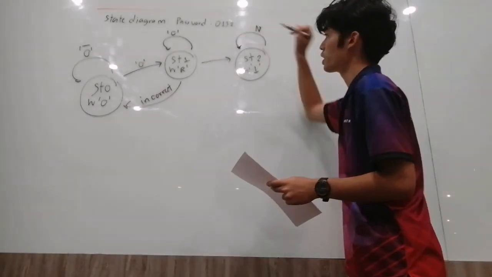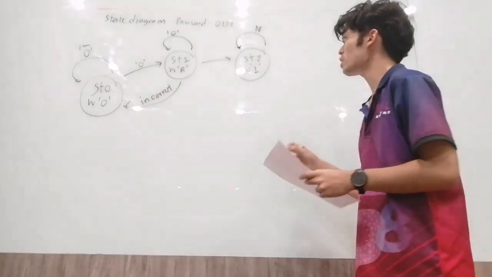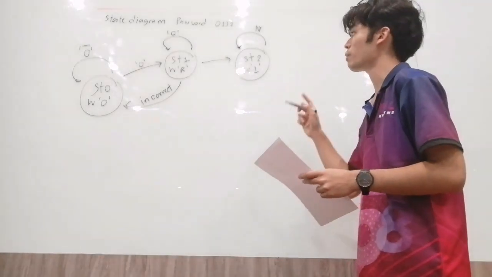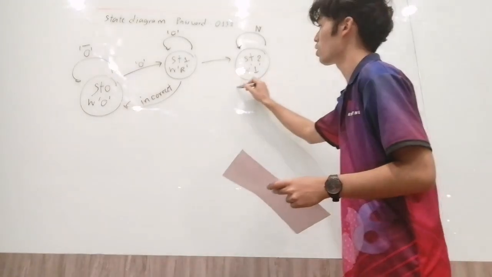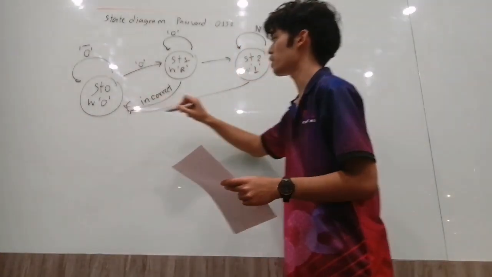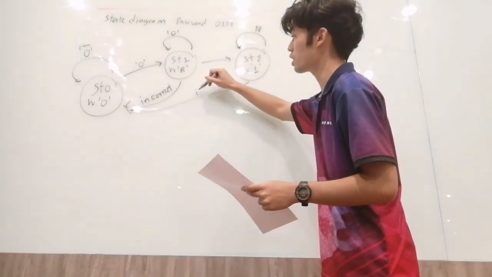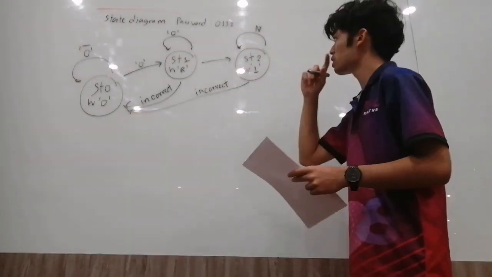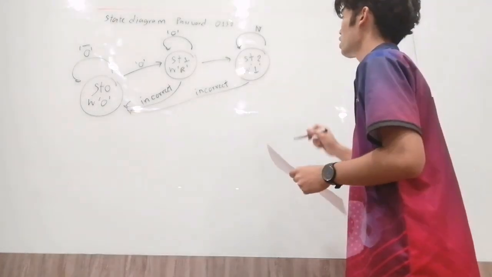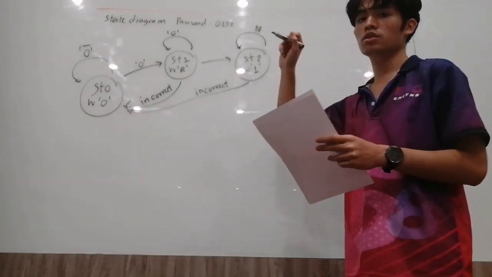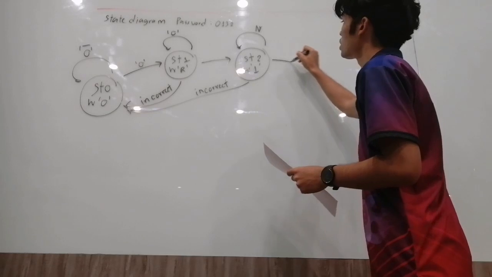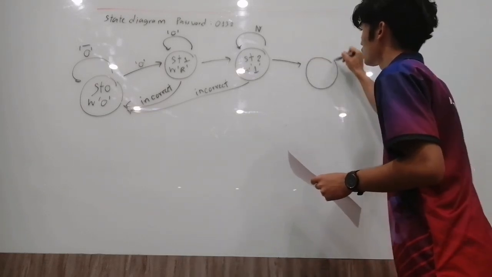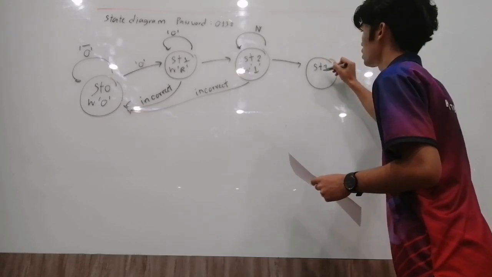It will still be in state 2. If we push the wrong password, it will go to state 0, incorrect password. If we push the correct password, it goes to the next state, state 3.